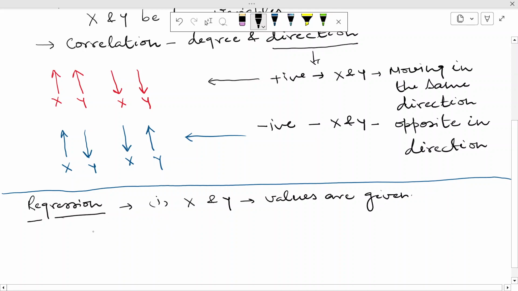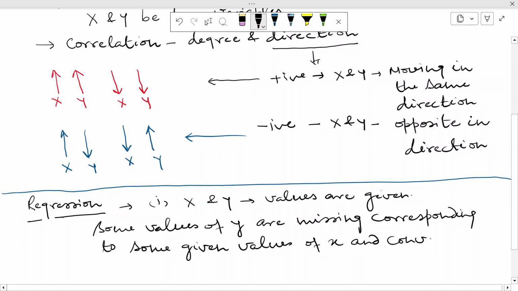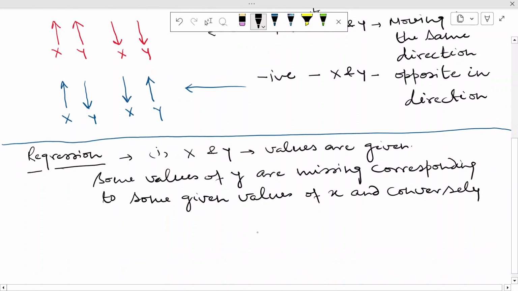Some values of y are missing corresponding to some given values of x, and conversely, you are given some values of y and you have to find out the corresponding values of x.